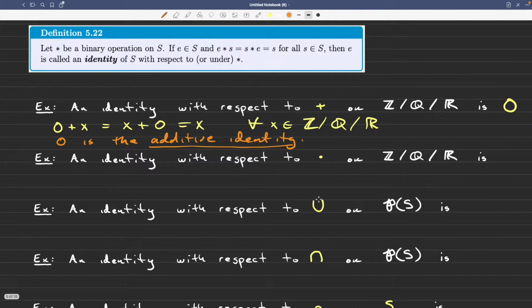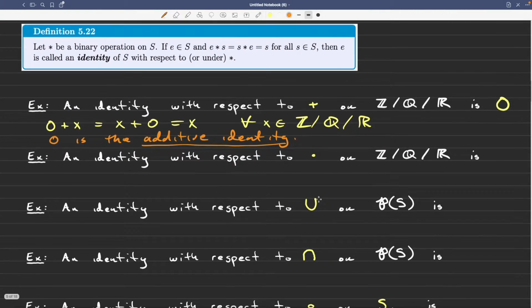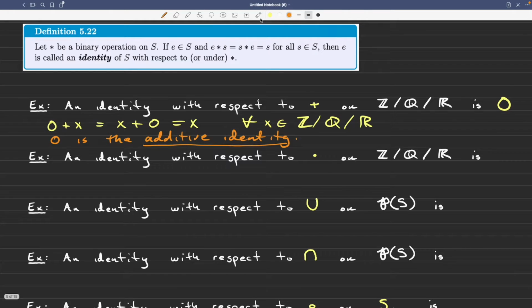Now when you think about multiplication on the rationals, the integers, or the real numbers, there's a multiplicative identity. The identity with respect to multiplication is 1 because it satisfies 1 times x equals x times 1 equals x.